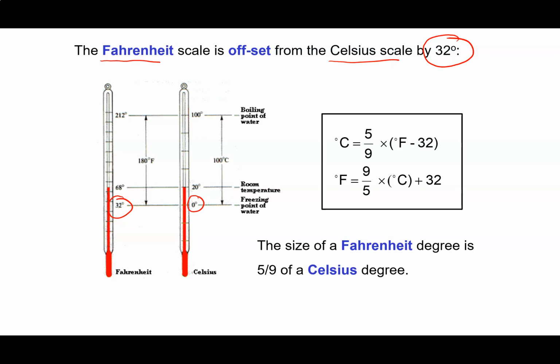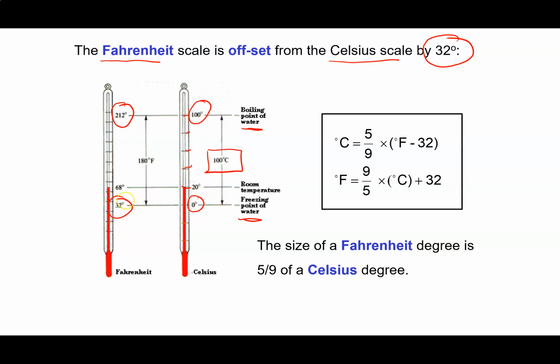So these two scales of temperature are a little weird because they don't have the same 0 point. The other thing that is awkward about these two scales is that the size of a Celsius unit is not the same size as a Fahrenheit unit. It's a little bigger. You can see that on the scale there. On the Celsius scale, water boils at 100 degrees Celsius. That means that there are 100 Celsius units between the freezing point of water and the boiling point of water. On the Fahrenheit scale, water boils at 212 degrees Fahrenheit.